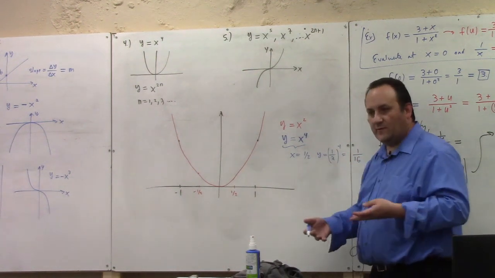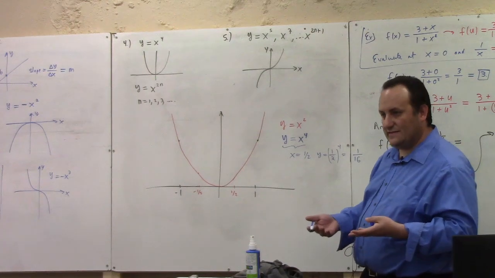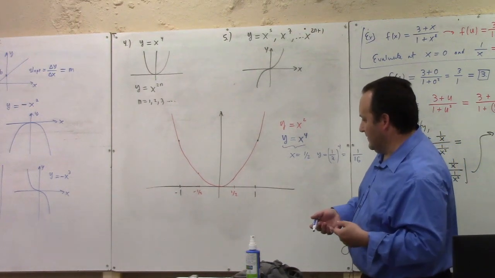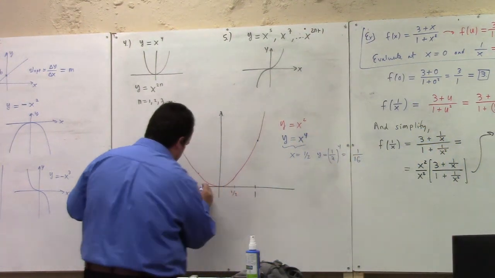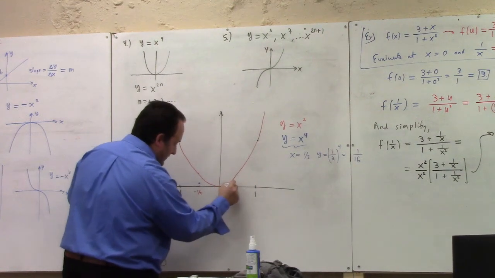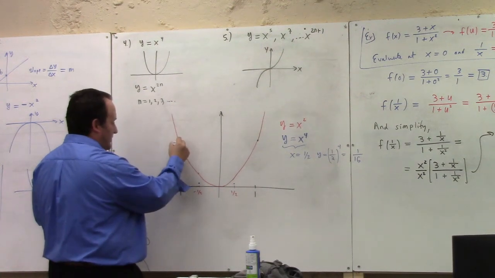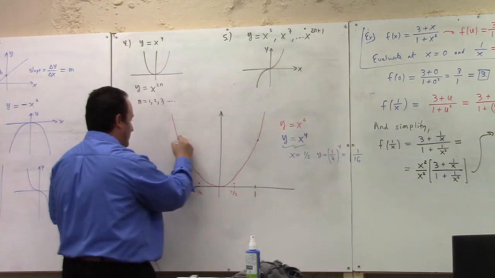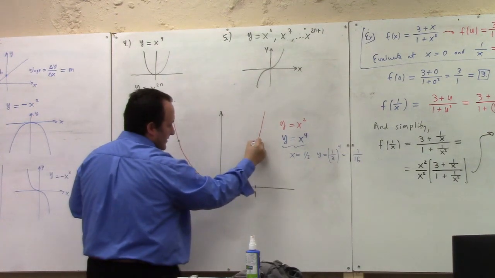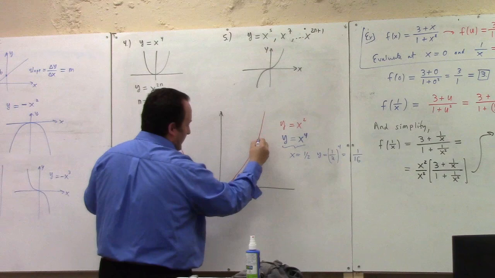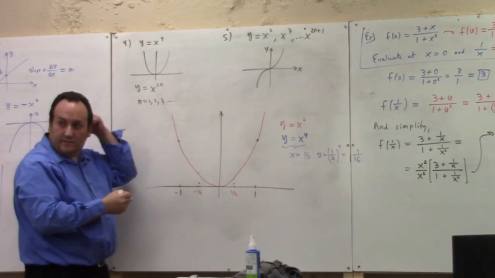Yeah, 1 over 2 to the 4th, which is 16. It's 1/16. Where is that? It's down here, right? It's much closer. When you plug in 1, you get 1. So they all share this common point of 1, 1 and minus 1, 1.